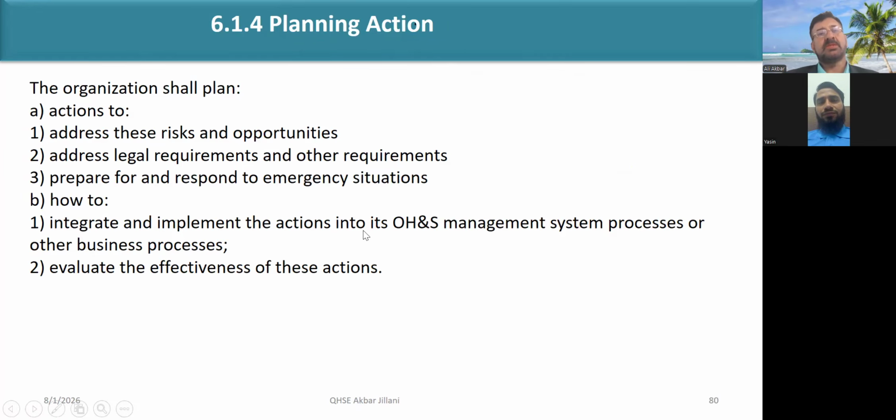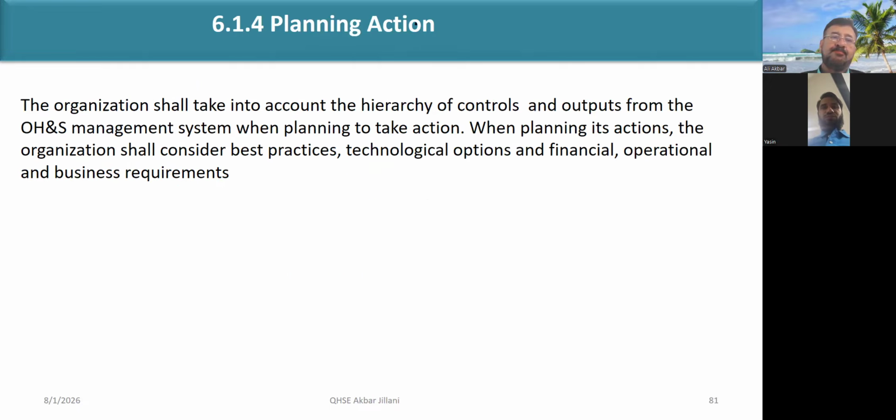Now, planning action. The organization shall plan action to address these risks and opportunities, address legal requirements and other requirements, prepare for and respond to emergency situations, and how to integrate and implement the action into its OHS management system processes or other business processes. Now evaluate the effectiveness of these actions.